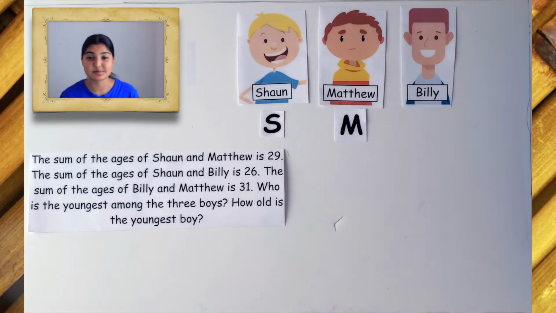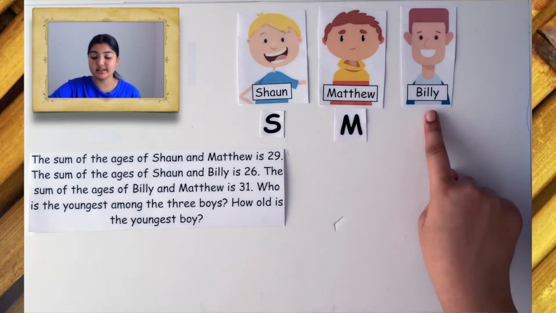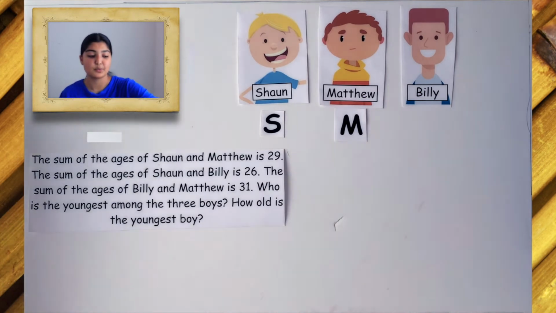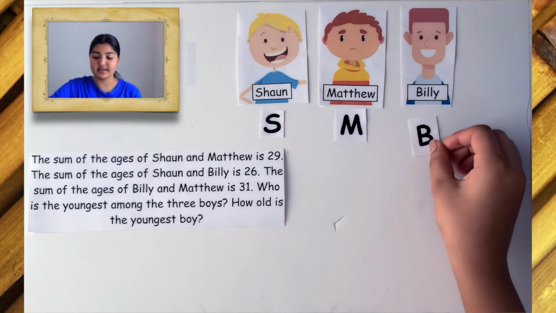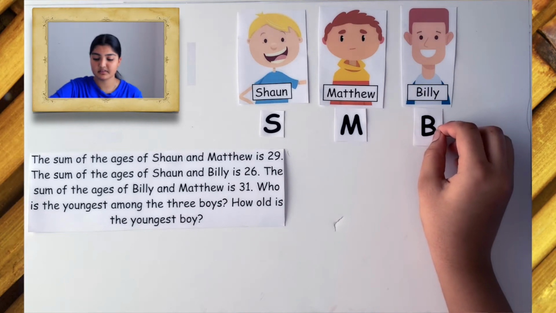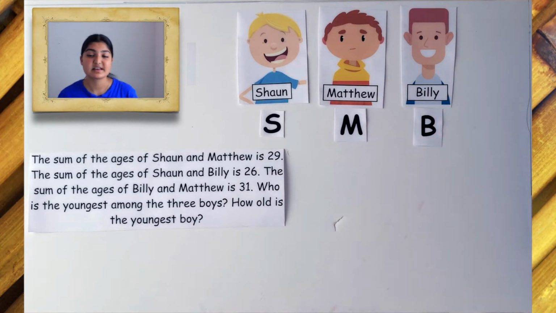And finally, we can assume Billy's age with the variable b. The problem also tells us the sum of the ages of a group of two boys. So, let's write this out.